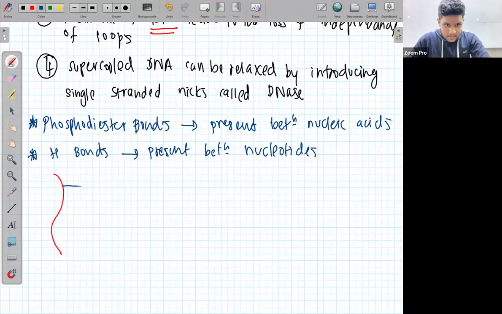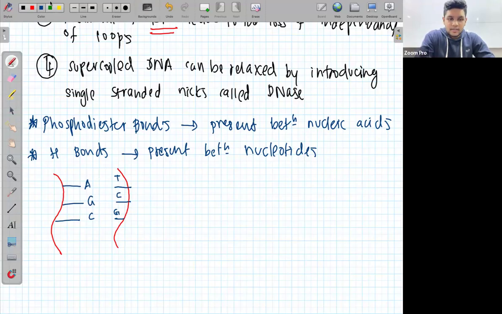These are the nitrogenous bases: this is adenine, this is guanine, this is cytosine. As per the complementary base pair rule, adenine should pair with thymine in DNA, guanine with cytosine, and cytosine with guanine.